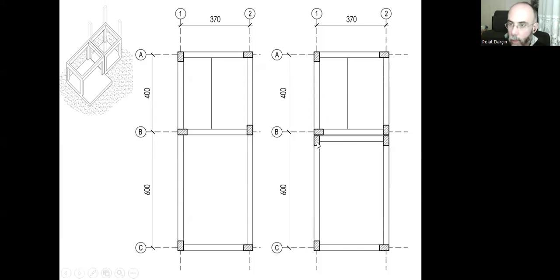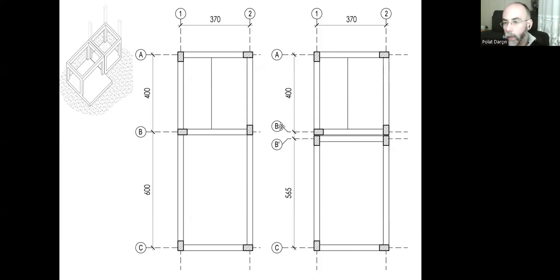But with this seismic gap, now we have two separate buildings: a first building with four columns and four beams, and a neighbor building with four columns and four beams, and there's this gap, a total gap, no connection. The foundations are separated, the floors are separated, the structure is separated, the walls are separated. There's a complete gap throughout the building.